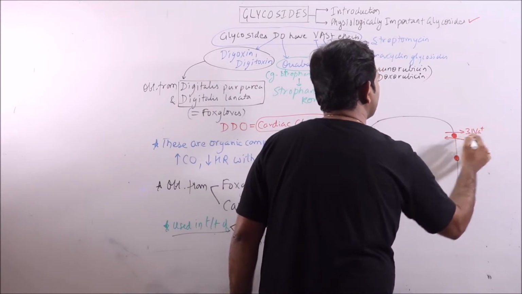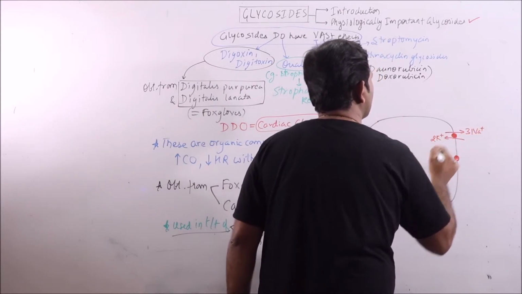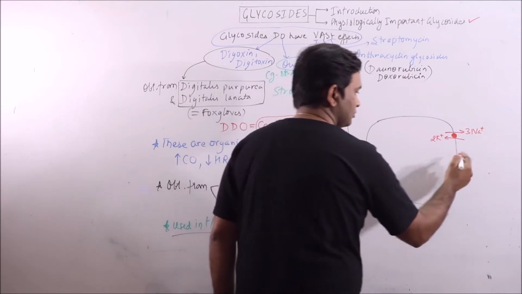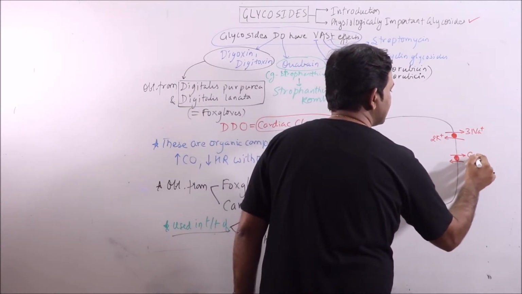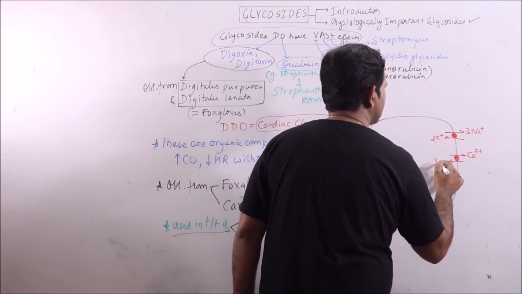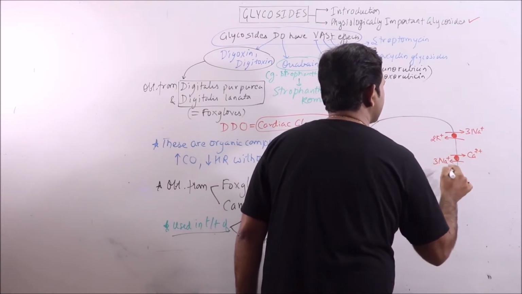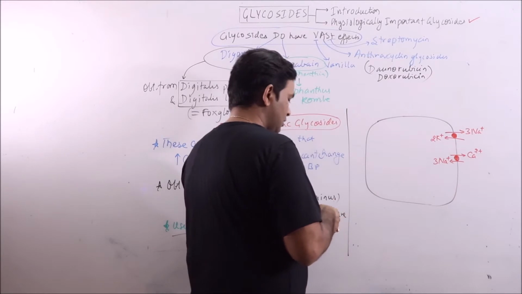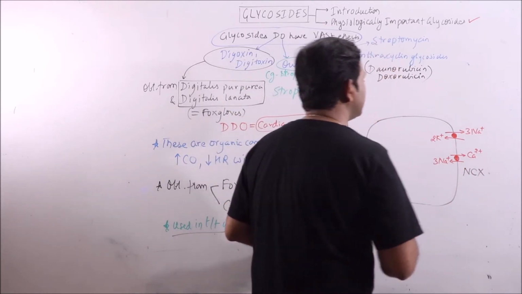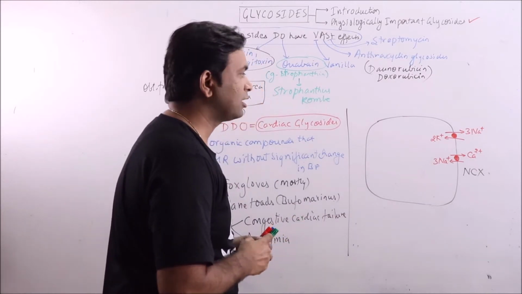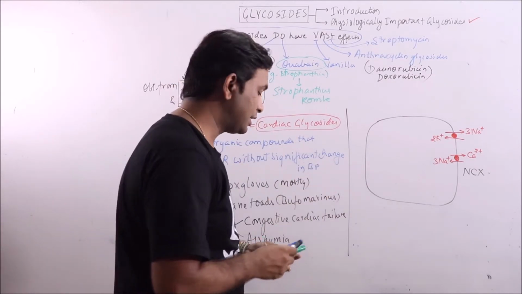This is the sodium potassium pump, that is sodium potassium ATPase, and this one is NCX, that is sodium calcium exchanger. Both are located in the plasma membrane of the cardiac cell.